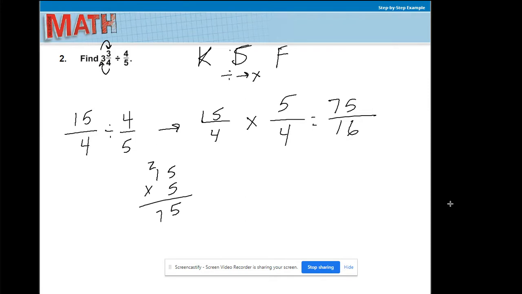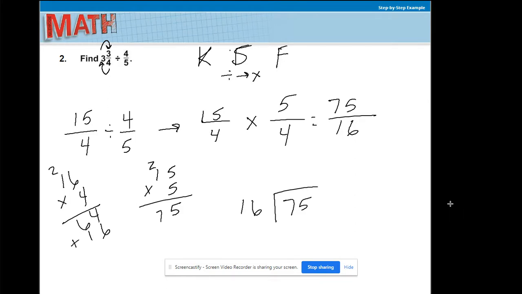Now, again, I don't believe there is a number that both of these numbers can be divided by, so I'm going to take 75 off, and put 16 on the outside. So I have a rough estimate of how many times 16 can go into 75 since we did 15 times 5. So I'm going to do 16 times 4, which is 64.